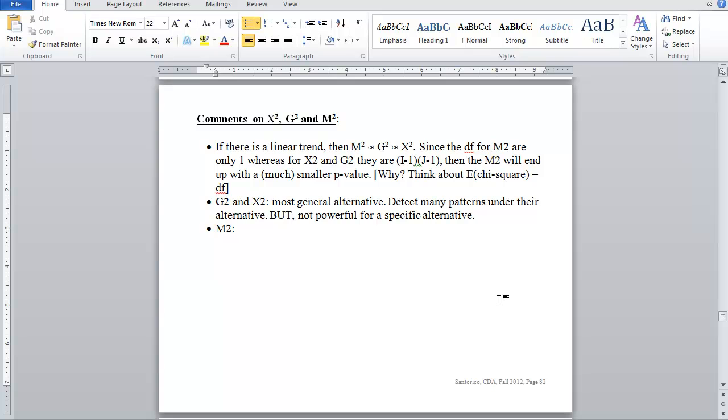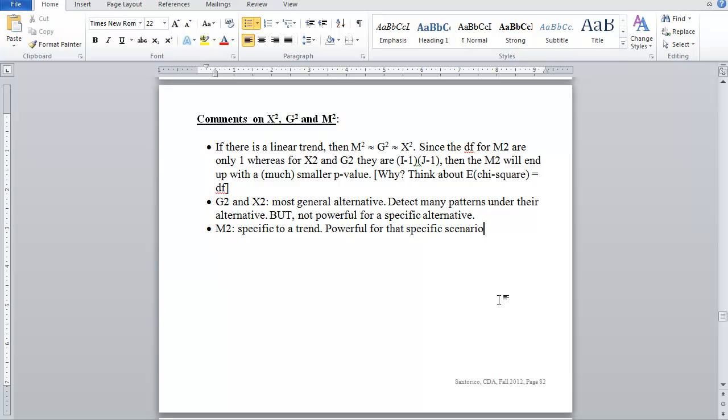And so M-squared is geared towards and specific to a trend, right? So the benefit of that is it's powerful for that specific scenario. Right? And linear trends are common. So it's not that this is a rare scenario that we happen to have a powerful test for.